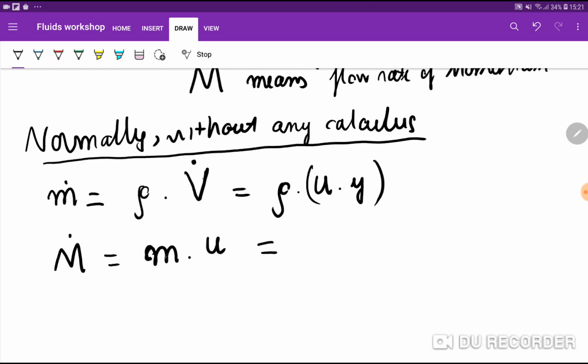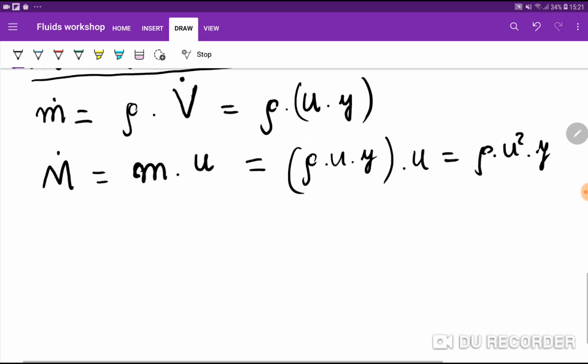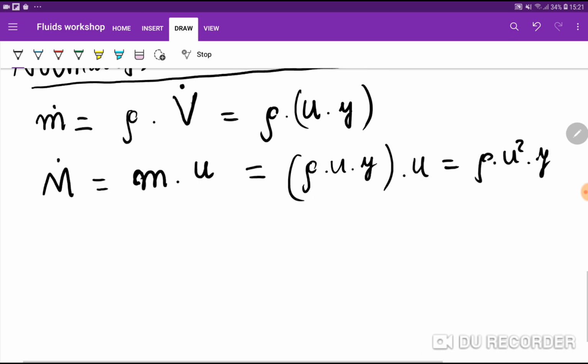And m right here we can substitute, so it's rho times U times y. Substituting from above times U, it's rho times U squared times y. Now this is the basic formula we have.